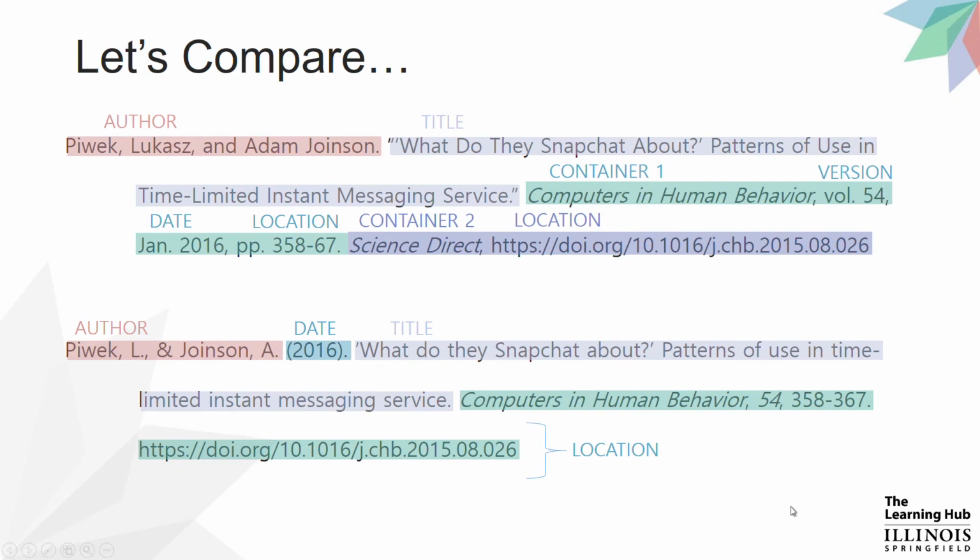This is a very specific type of source, probably one you're going to run into in your time as a student, but these rules apply to pretty much any citation you'll run into, whether it's a website article or page or a book chapter or even a video or something like that. These sort of rules do apply, you just do them a little bit different for the different types of sources.